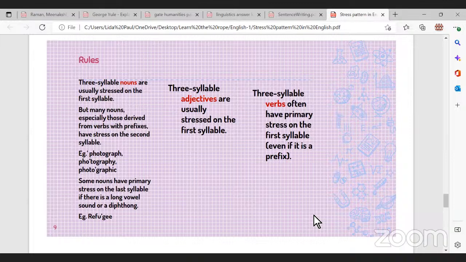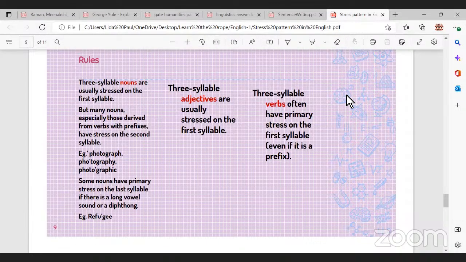These suffixes like ee or eer usually attract the stress on themselves. The other category of suffixes are either neutral or they just pass on the stress to some other syllable. But these suffixes take it on themselves, and that is because they have a long vowel in them. That's the reason.